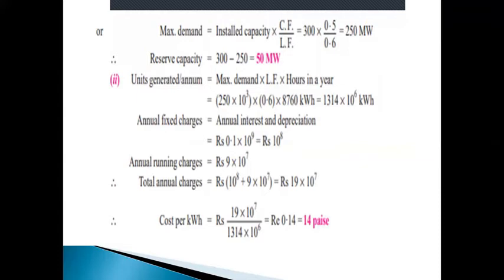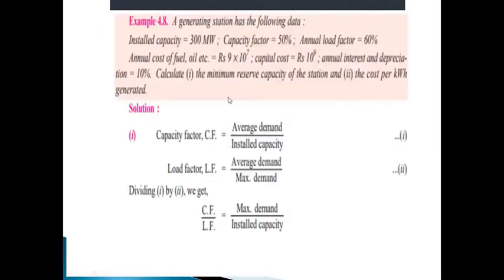So here the reserve capacity will be equal to the installed capacity minus the maximum demand, or the installed capacity will be equal to reserve capacity plus the maximum demand. So installed capacity will be more than the maximum demand. So you have to calculate this minimum reserve capacity of the station.